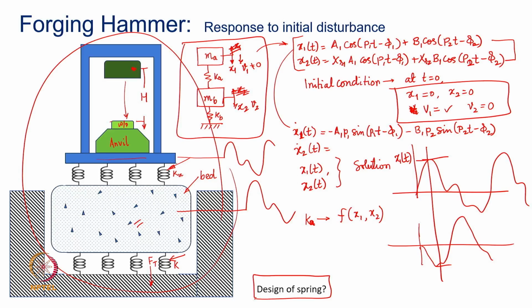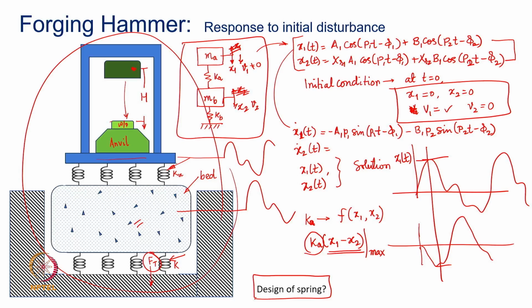So, when you are designing a spring for such cases, you will have to figure out what is the force for which I should design it, and then the total force could be based on (x1 minus x2) max. That means I will have to figure out what is the maximum extension or compression that the spring is going to get subjected to, and then based on the stiffness, how much is the force being generated there. In fact, I would also be knowing what is the value of the force transmitted to the ground.